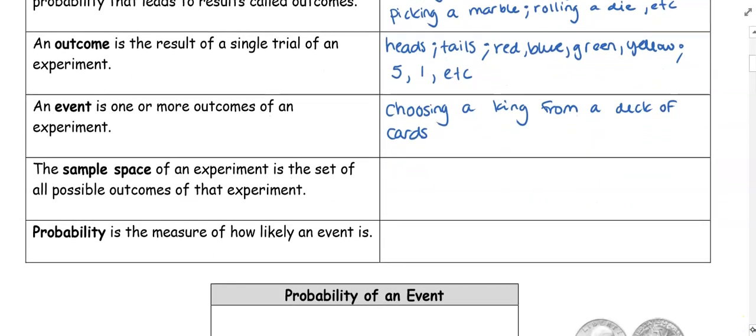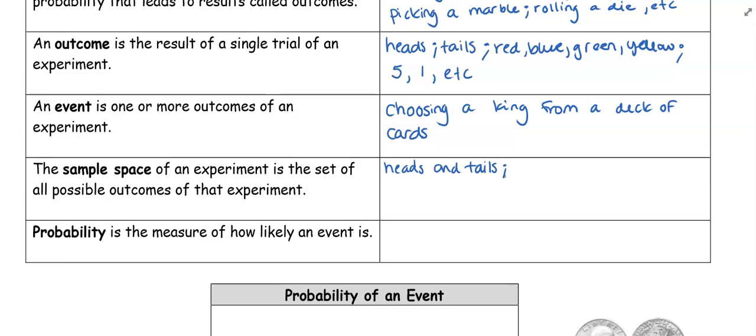The sample space of an experiment is the set of all possible outcomes. So for example, the sample space of flipping a coin would be heads and tails. Those are the only two outcomes possible. Those are all of them. Spinning the wheel would be red, blue, green, yellow, whatever colors are on that wheel.